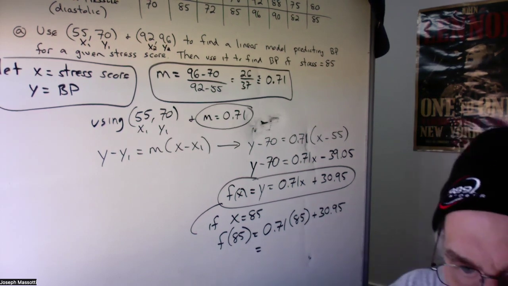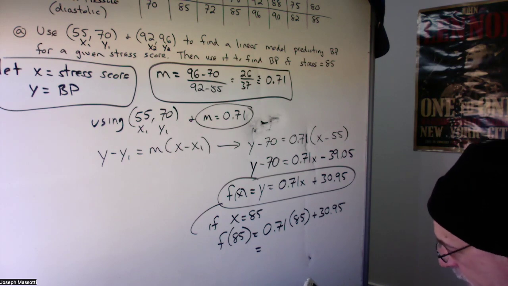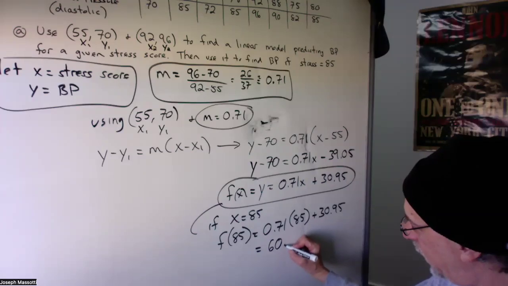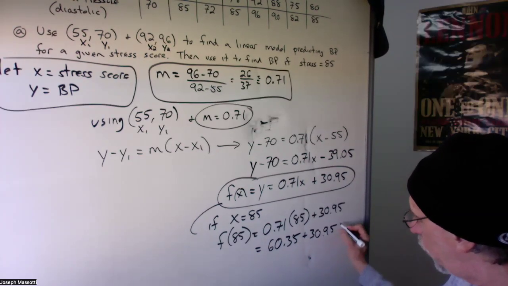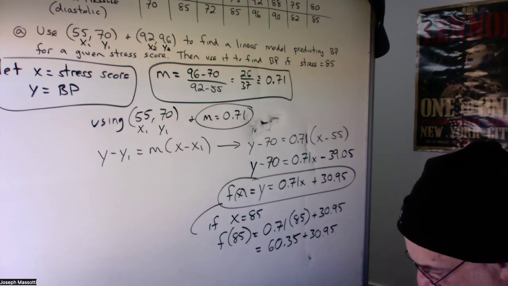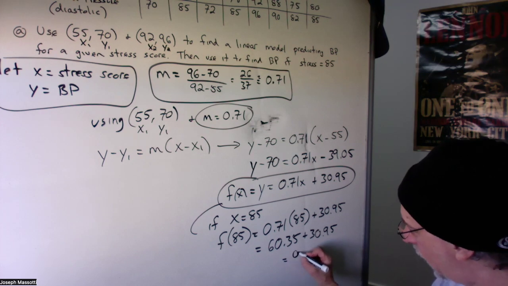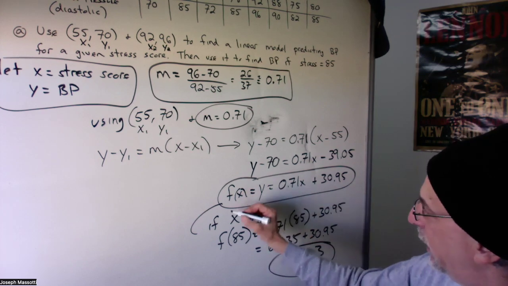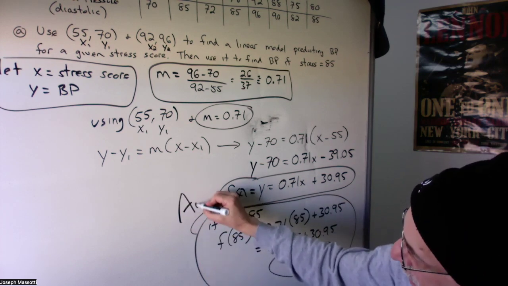And if we calculate that number, we're going to get 85 times 0.71 is 60.35, we're gonna add 30.95 to that and end up with a diastolic blood pressure a little bit high of 91.3.